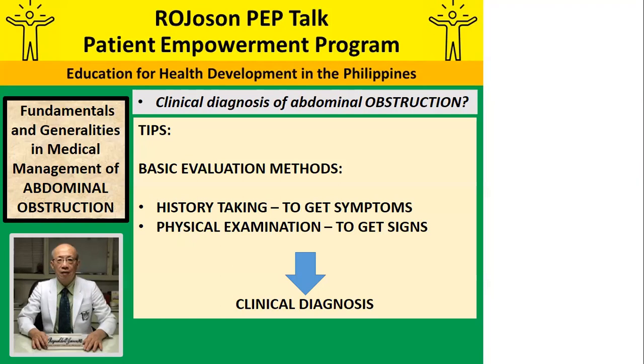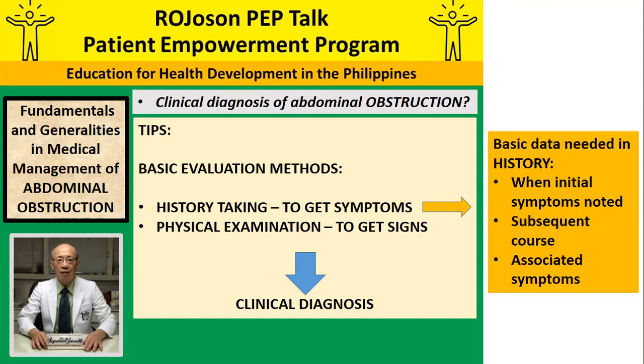After you get the symptom and sign data, you process all the data to come out with the so-called clinical diagnosis. The basic data needed in the history taking will be when the initial symptoms were noted, then what was the subsequent course, and then any associated symptoms.